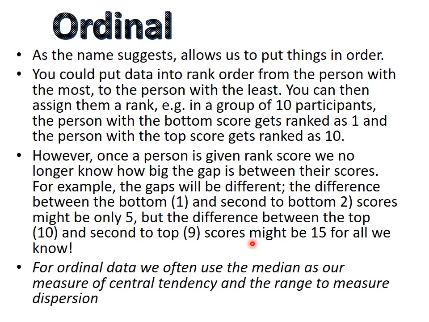So the gaps are all of different lengths, and this is common when you're taking a non-standardized test. So all we can do really is to put them in order and use that as our measure. And when we do that, we would most commonly use the median in order to get our measure of central tendency.